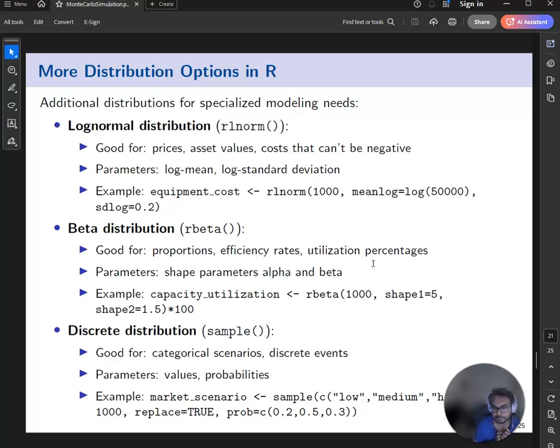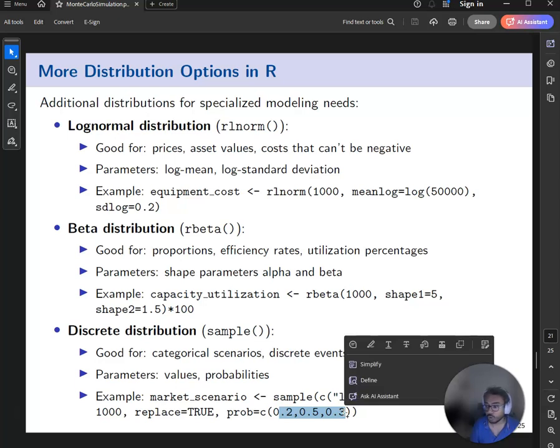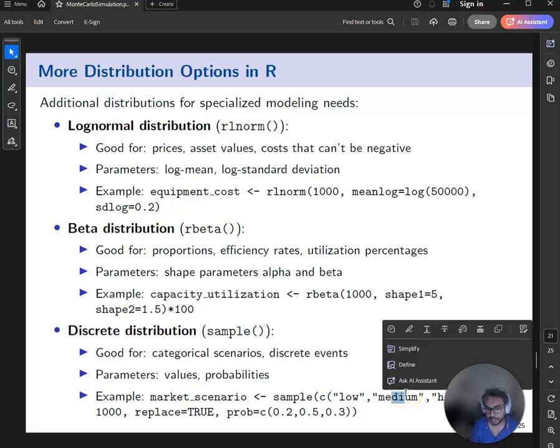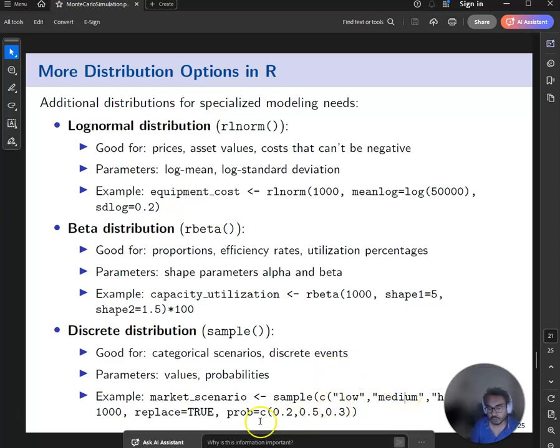I can assign equal probability. I can also assign probabilities that are more realistic, maybe the medium market scenario is most likely compared to low or high. So I'm assigning a 50% chance to medium, 20% chance to low, 30% chance to high, and you can tweak these numbers. This is just for exposition.